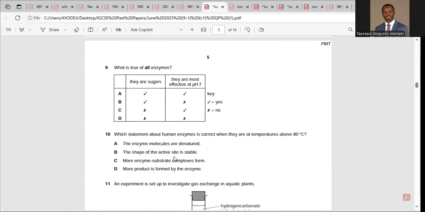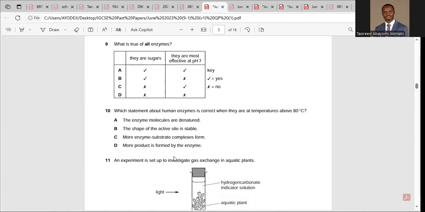Like, for example, protease work best in acidic medium, that's a pH of less than 7, and the pH of 1 to 3. Lipase work best in a slightly alkaline medium, while amylase work best in a neutral medium. That means the right option for question 9 is option D.